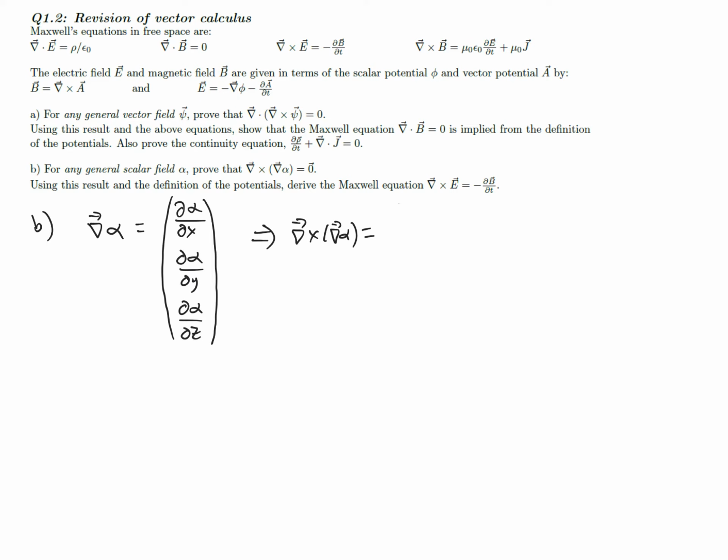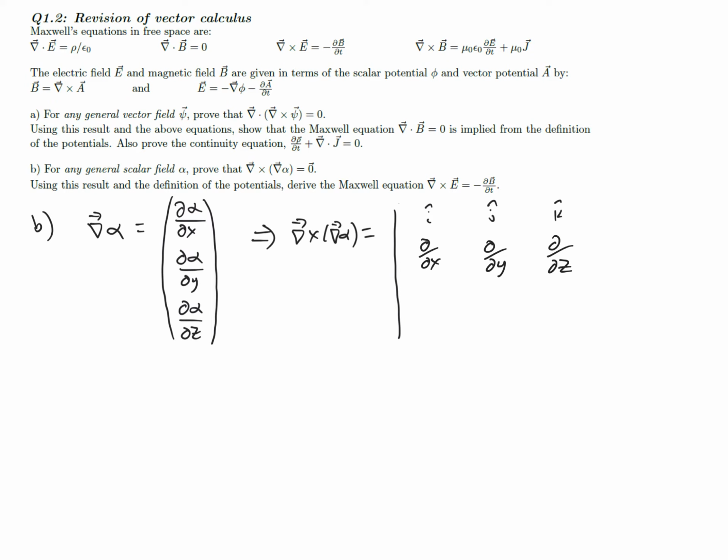What I now want to do is take the curl of that object, which means I need to form this determinant to make the cross product. In the middle row, let's say, I have the differential operator d by dx, d by dy, d by dz.